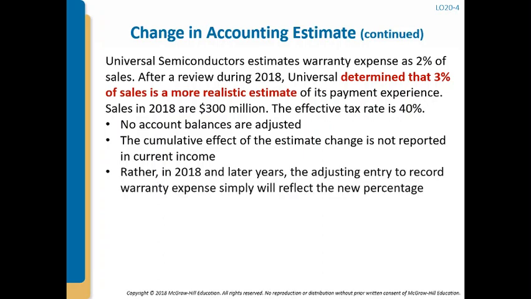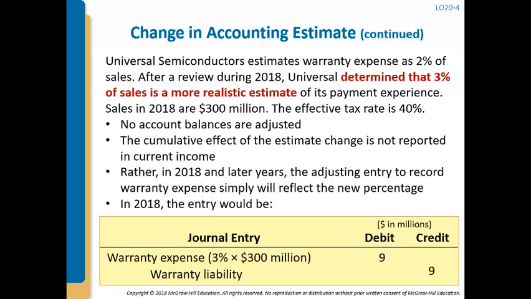No account balances are just adjusted. The cumulative effect of the estimated change is not reported in current income. Rather, in 2018 and later years, the adjusting entry to record warranty expense simply will reflect the new percentage. So in 2018, they'd simply record an entry for warranty expense of $9 million.